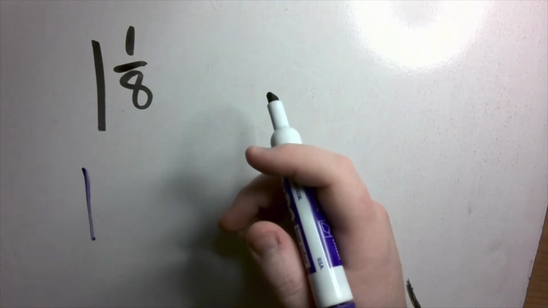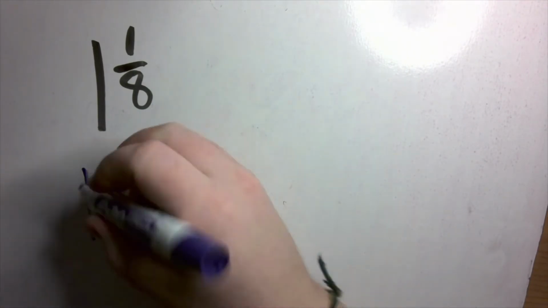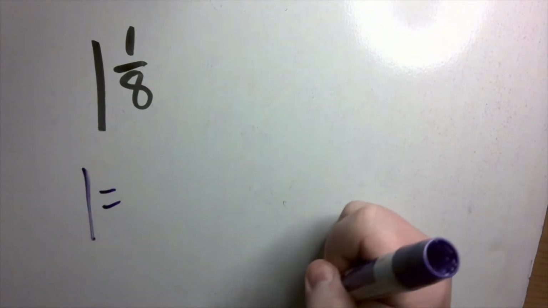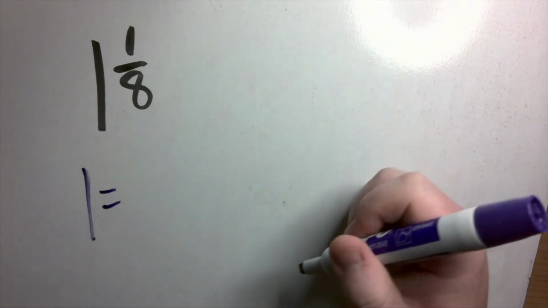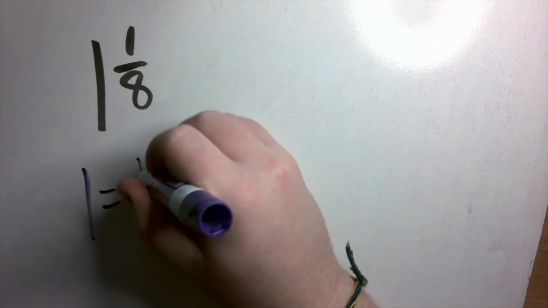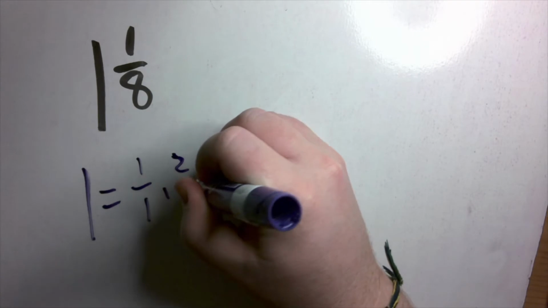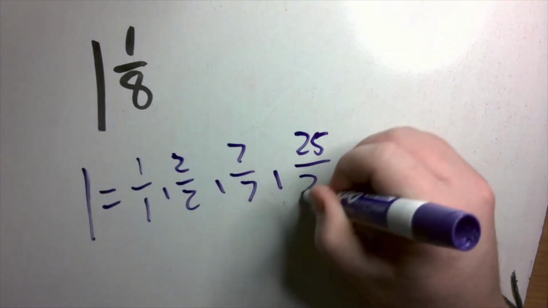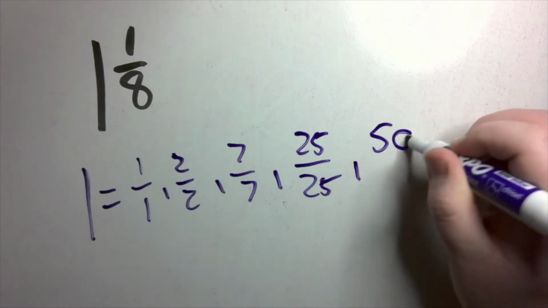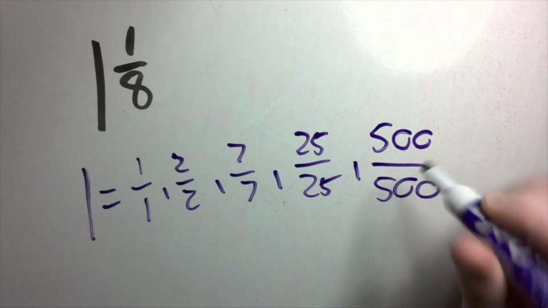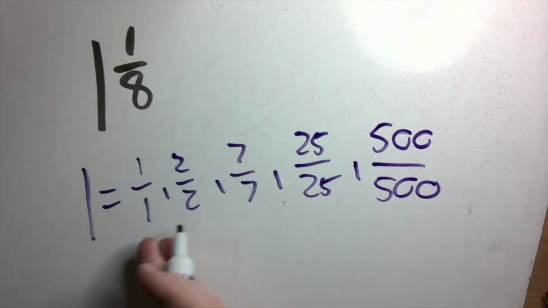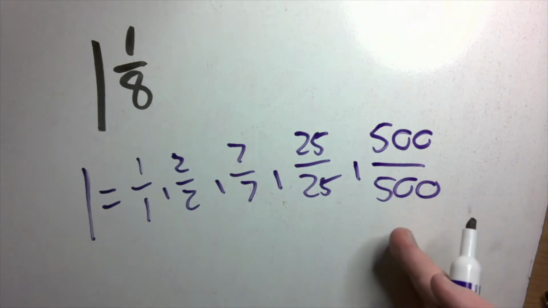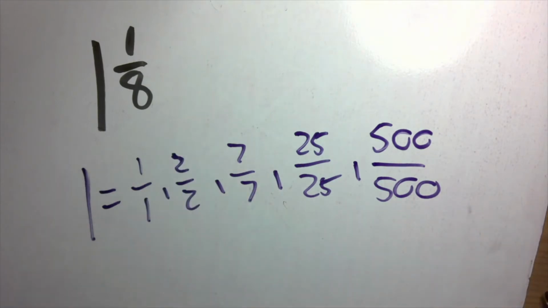I'm going to remember that 1 can equal any fraction I want it to as long as the numerator and denominator are the same. So I can make it 1 over 1, 2 over 2, 7 over 7, 25 over 25, or 500 over 500. It doesn't matter. All of these are equal to 1 because the numerator and denominator are the same.